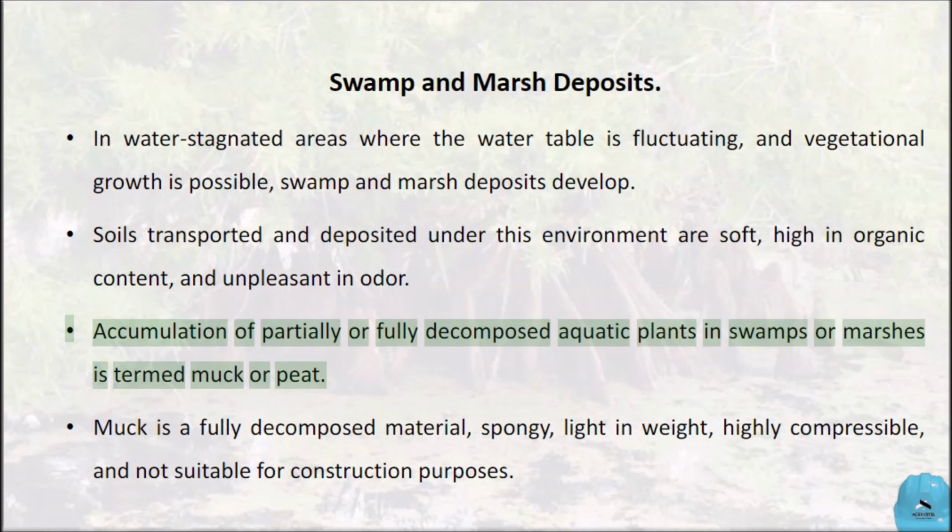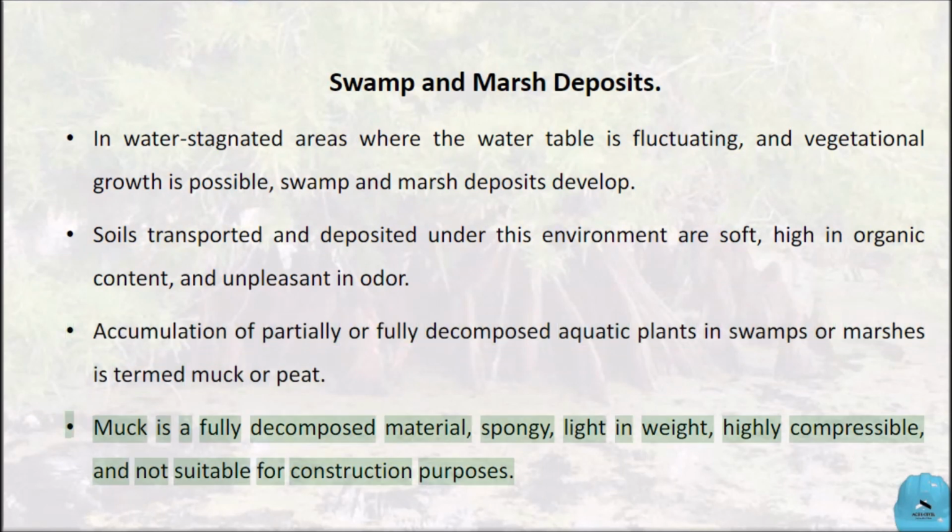Accumulation of partially or fully decomposed aquatic plants in swamps or marshes is termed muck or peat. Muck is a fully decomposed material, spongy, light in weight, highly compressible, and not suitable for construction purposes.